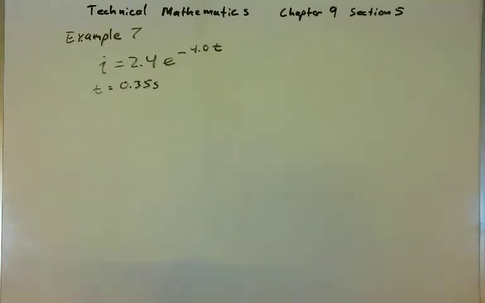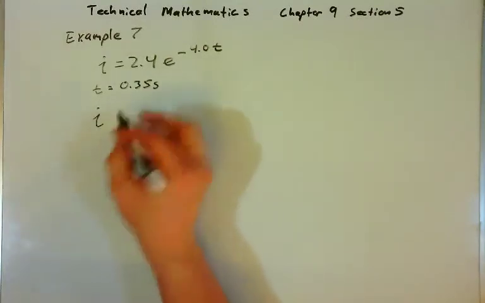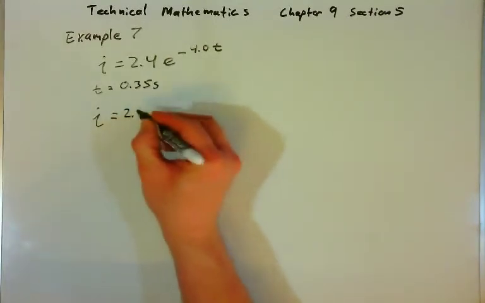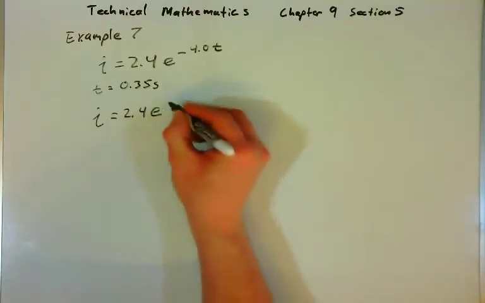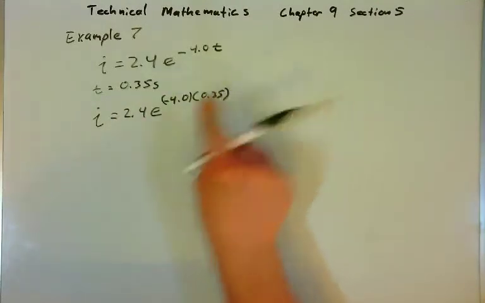And so this formula is telling us how much current is flowing in the circuit after a given amount of time. They want us to find the current after 0.35 seconds, right? And so that's t, they've given us that value. So we can find the instantaneous current, which is I. That'll be equal to 2.4 times e to the negative 4.0, where t is 0.35.